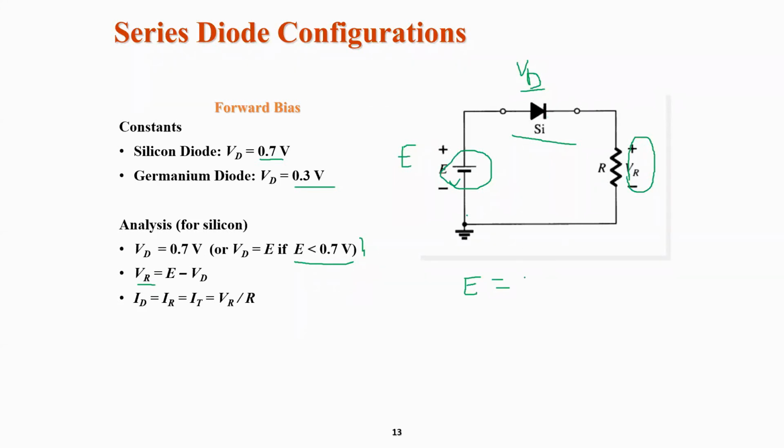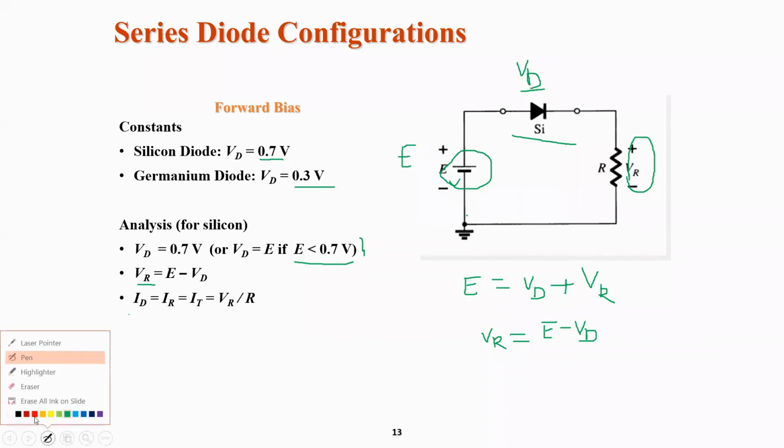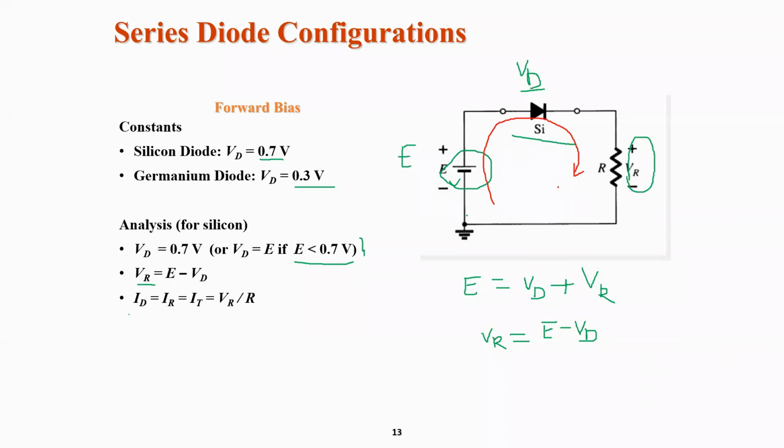So elements drop is your VD plus VR. So your VR is equal to E minus VD, like this. So your current inside a loop is always constant.